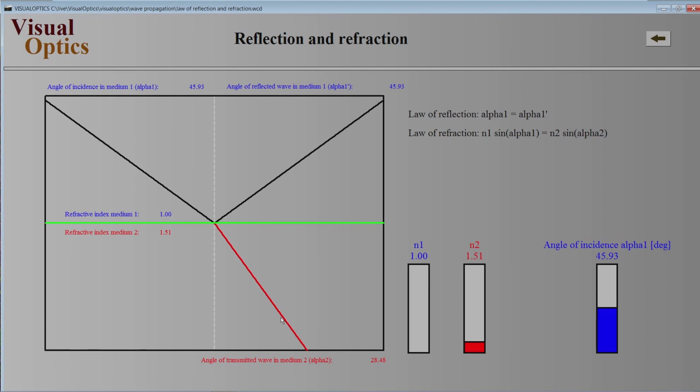Usually you have to go out on the other side through a second interface or through a sequence of more interfaces until you are back in vacuum or air in order to measure something with a detector.